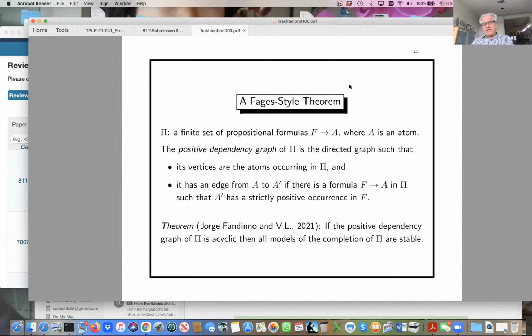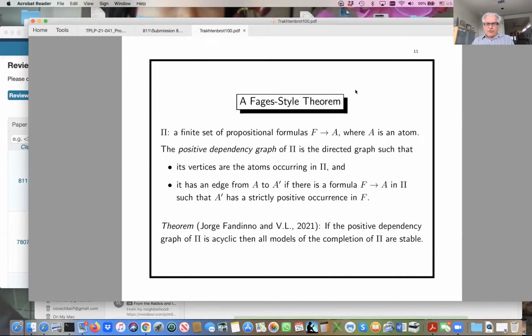After this first condition was found, there have been several publications by many authors who proved other theorems of this kind, other Fages-style theorems, I would say, that describe cases when completion and stable models are identical. And in particular, one direction of work was to extend it to rules of a more complex form than in the original condition.